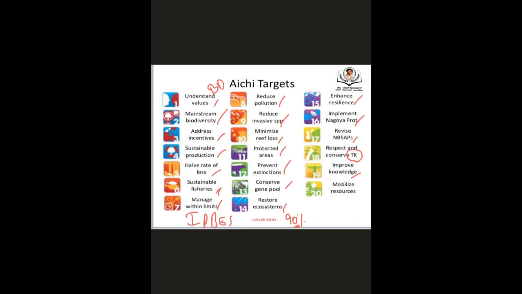Then improve the knowledge, both the traditional knowledge as well as the scientific knowledge. Then mobilize the resources. These are the 20 Aichi targets that are given under the Nagoya.